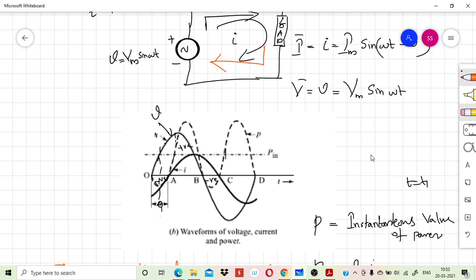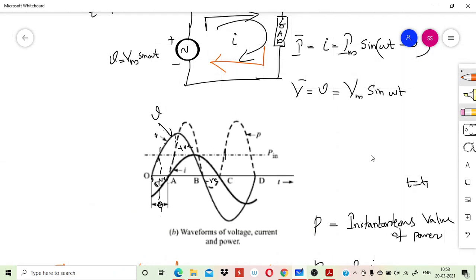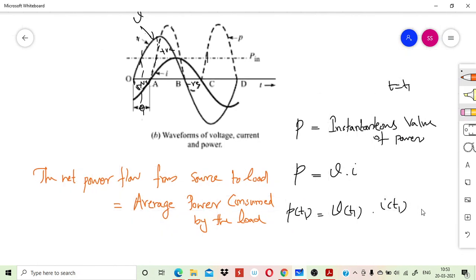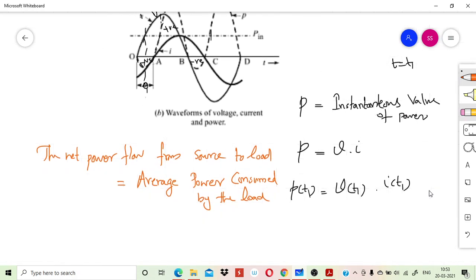So you have to take the average value of this. Average value and RMS value of any waveform, you know how to calculate.